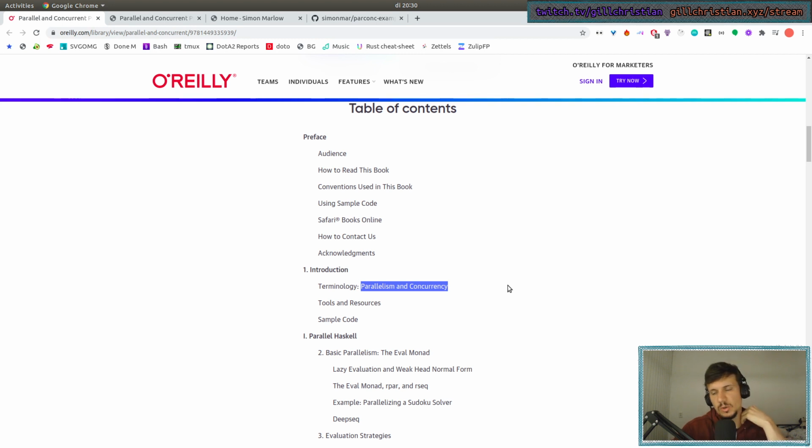Concurrency is more about how we structure programs that have to do several things concurrently. If you have several cores, they can be done in parallel, but that's not necessarily the case. You can have only one core and still write concurrent programs.